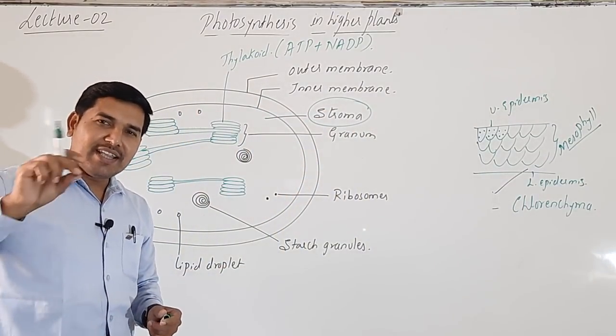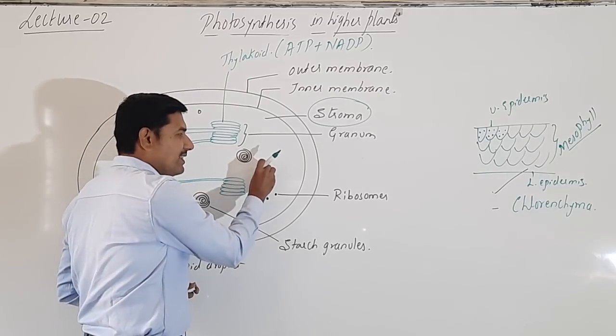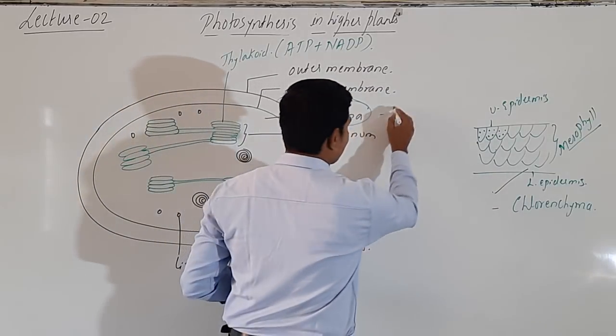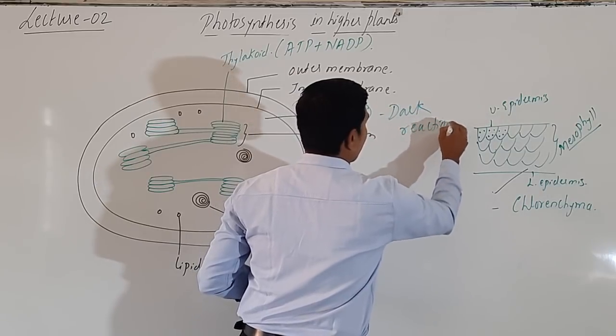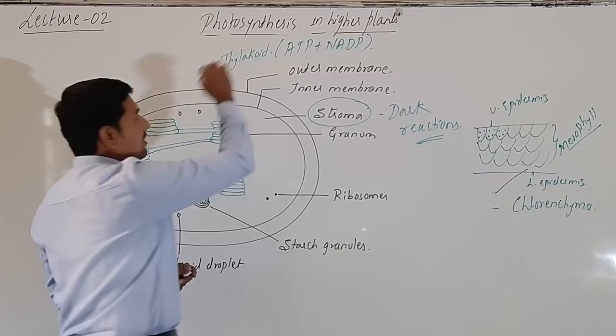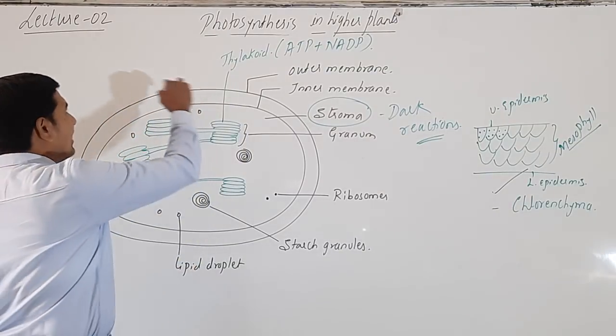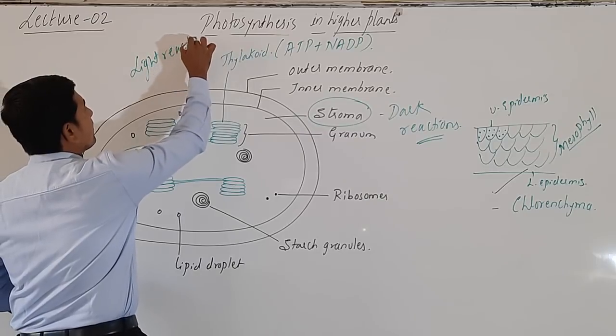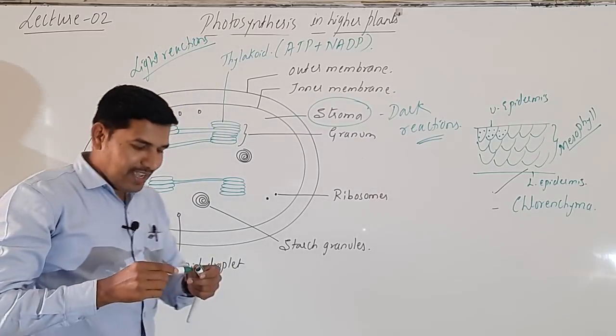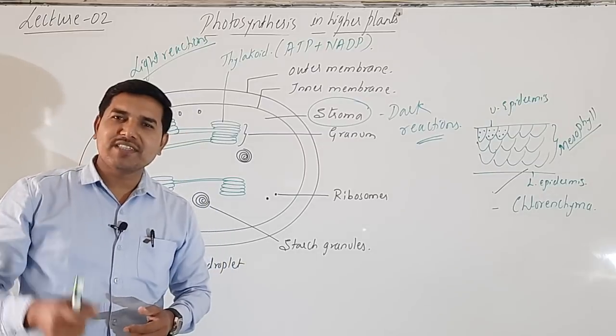That's why the reactions which occur in the stroma are said to be dark reactions. And the reactions that occur in the thylakoid are said to be light reactions. Light reactions mean those which take place in the presence of sunlight.